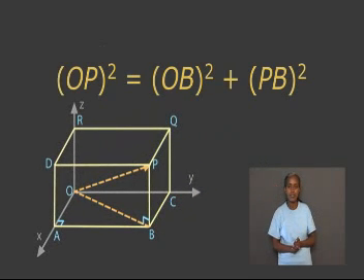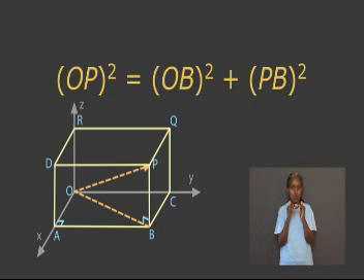We can see that the line OP is the hypotenuse of the right-angled triangle OBP. The Pythagorean theorem states that the square of OP is equal to the sum of the squares of OB and PB.